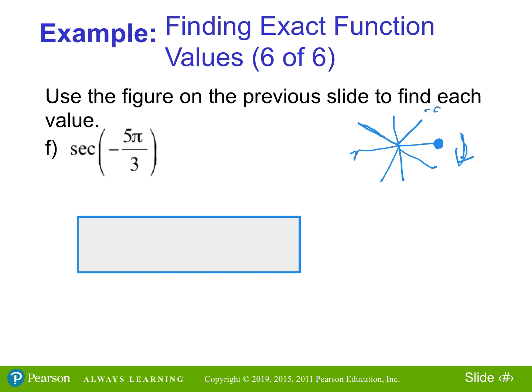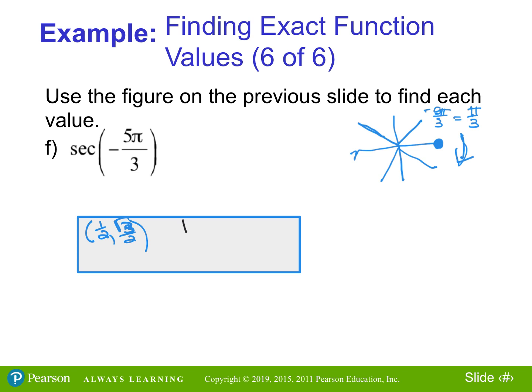I'm going to end up with a negative 5 pi over 3, which is really the same thing as pi over 3. So my coordinate point for an increment of pi over 3 is 1/2 and the square root of 3 over 2. Both x and y are positive in that first quadrant.